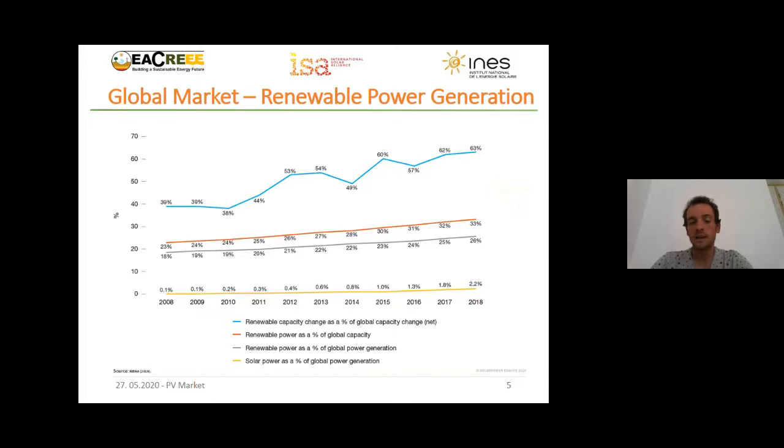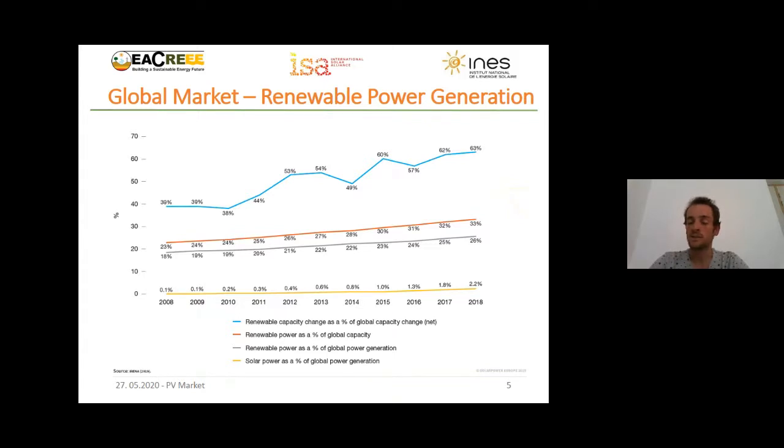It means that global capacity is made of 33% renewables and 67% fossil fuel capacity. This is the global installed capacity, whereas the blue curve was the annual added capacity. The red curve is a percentage of global capacity, so it's in power.